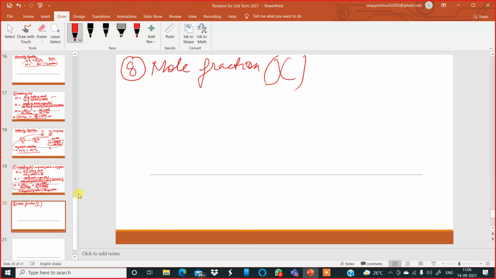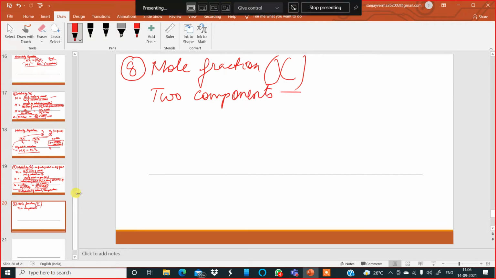This mole fraction is for two components, say component 1 and component 2 mixed together. Say component 1 is the solvent and component 2 is the solute, making a solution.